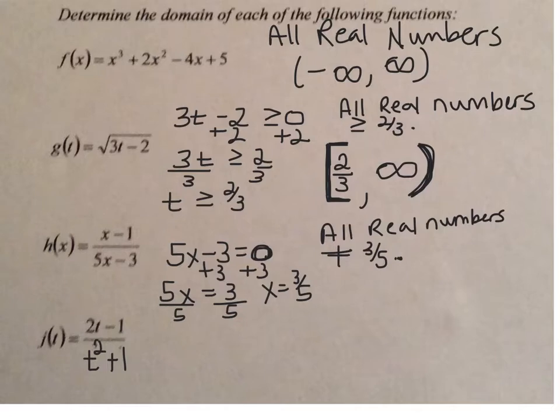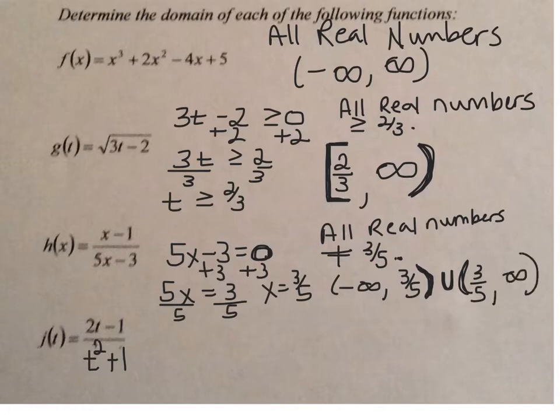The way I can write this is negative infinity all the way up to 3/5, with a parenthesis around 3/5 to show that I'm not including it, and I'm going to union that with 3/5, with a parenthesis to show that I'm not including that, all the way to positive infinity. Okay? All right. Let's look at this next one.